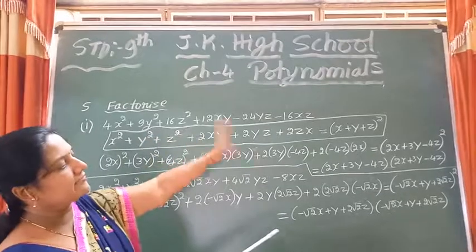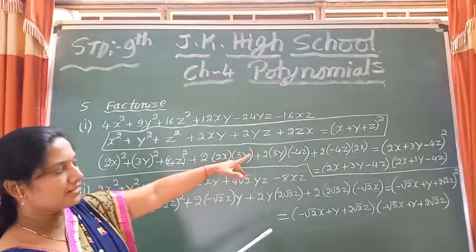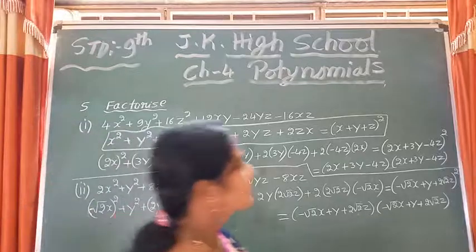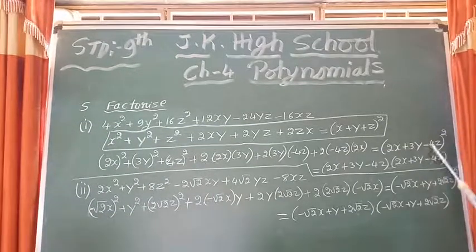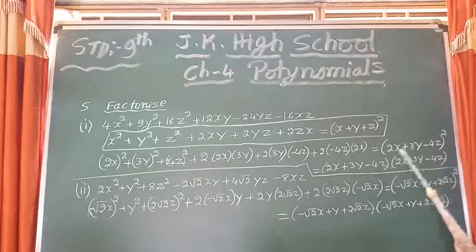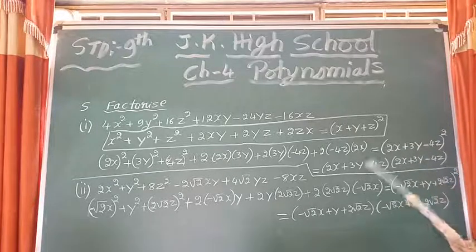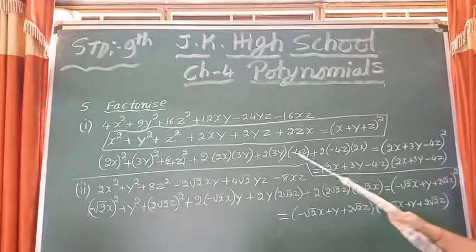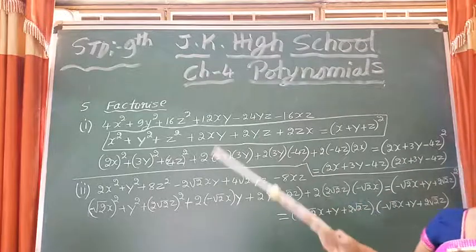Instead of that we can write the product, that is the factors, as x plus y plus z whole square. According to this question, the factors become 2x plus 3y minus 4z whole square. Power 2 means 2 factors, 2x plus 3y minus 4z into 2x plus 3y minus 4z. These two are the factors of this expression, children.